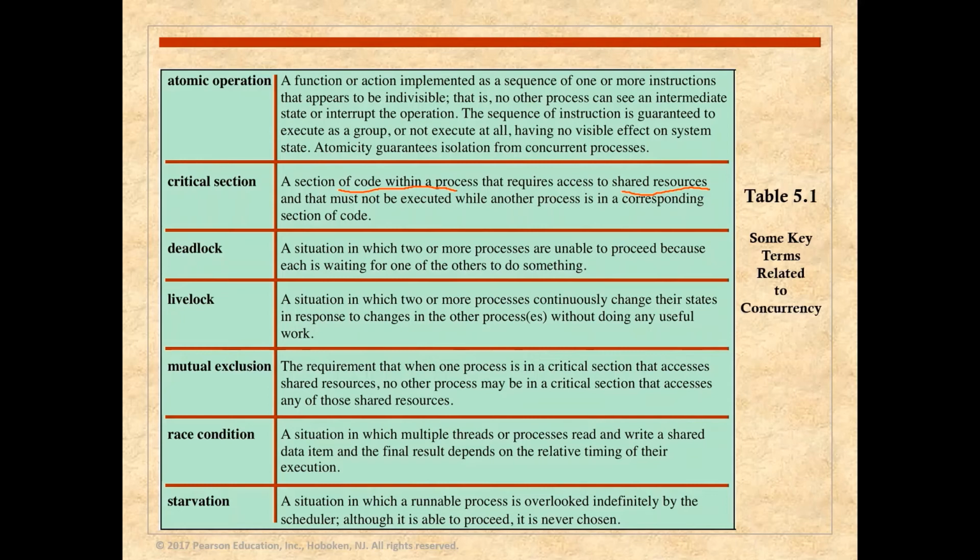Deadlock. Deadlock is a situation where two or more processes are unable to proceed because they are waiting for each other to do something. For example, you are at a junction and all the cars need to move forward, but you are waiting for the other car to give way for you.